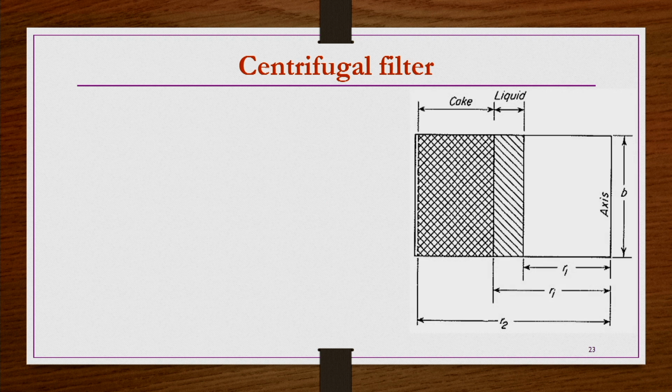Then centrifugal filters. Let us say this is the axis of the bowl. We are drawing only one side, the same is on the other side also.